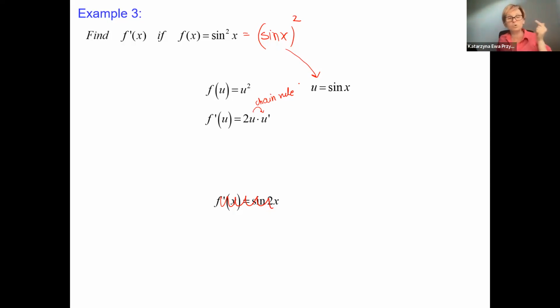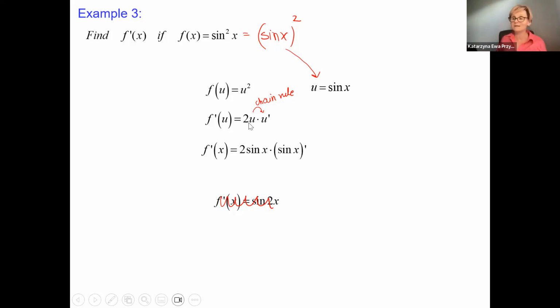But if this is u squared or w squared or different variables squared, we don't know. That means it's always safe to say the derivative of u squared is 2u times u prime. If u prime is 1, that's fine. But if u prime is different, then we will have the correct answer.